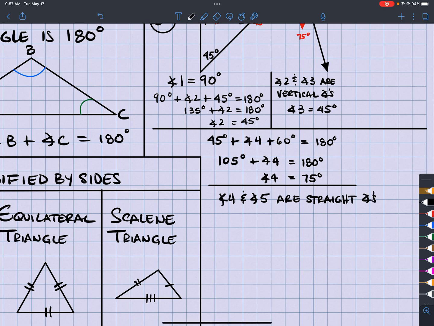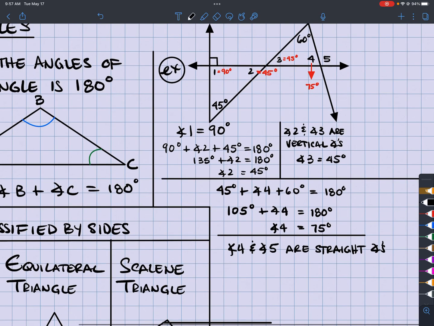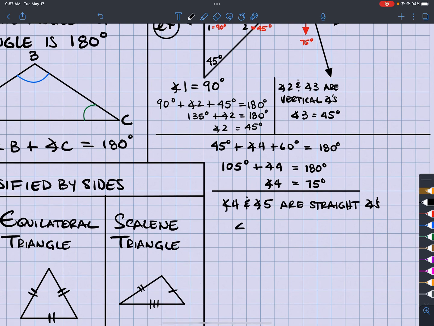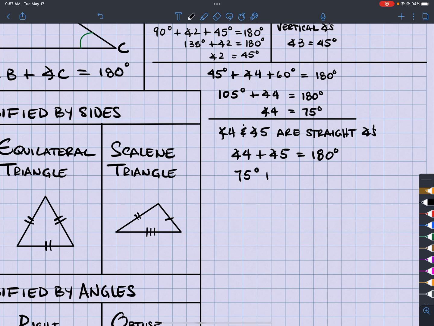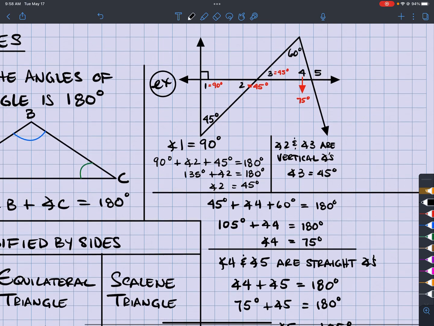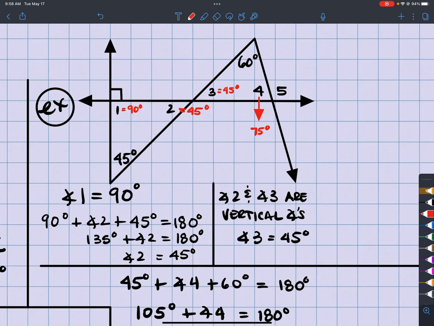So in other words, they add up to 180 degrees, also known as supplementary angles, right? So I know that angle 4 plus angle 5 equals 180 degrees. Okay, so angle 4 is 75 degrees plus angle 5 is equal to 180. So therefore angle 5 is equal to 105 degrees. So there we go. Now I know that this is equal to 105 degrees.